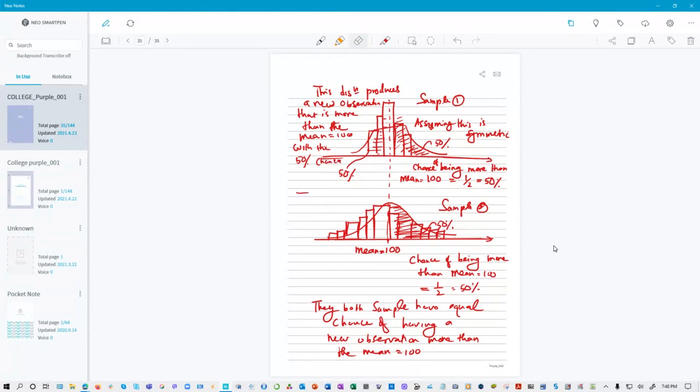Same way over here, this distribution also produces a new observation that is more than the mean, which is 100, with the same chance of 50%. They both would have a 50% chance.